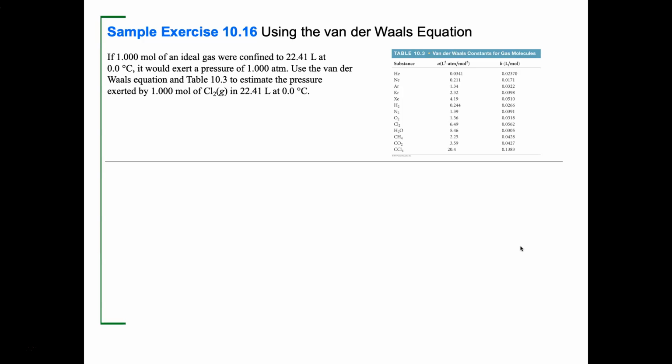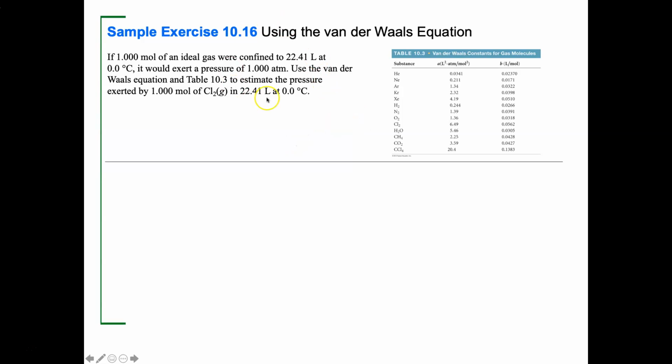The last thing I want to discuss is the van der Waals equation, which we've seen before in our lecture, where things are identified based on their identity. Here we have Cl2 as the gas we're dealing with. The A and B values come from a table, and they're specific to Cl2.